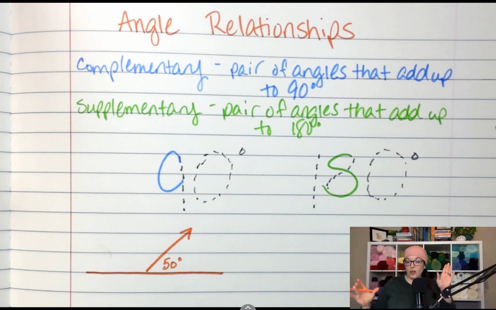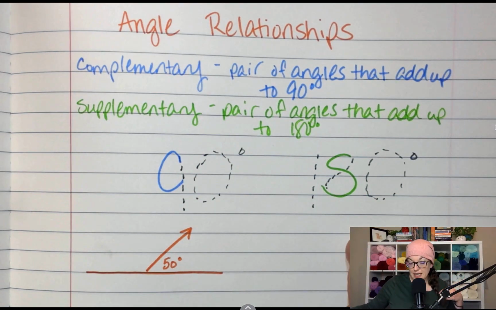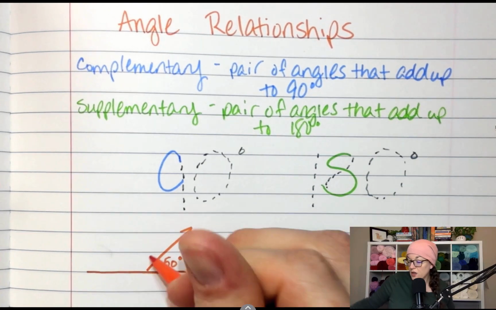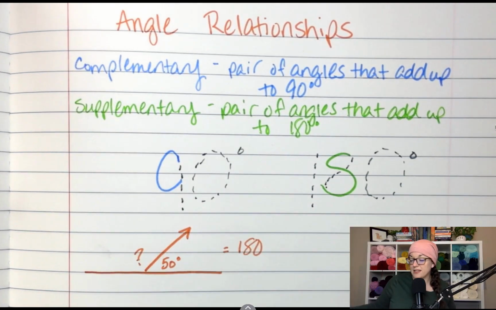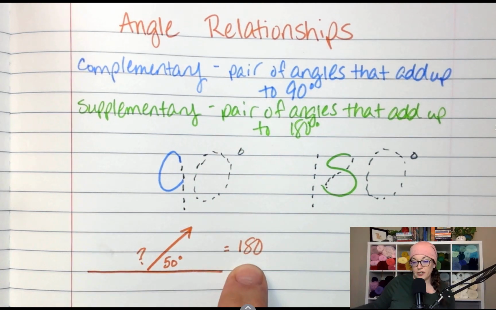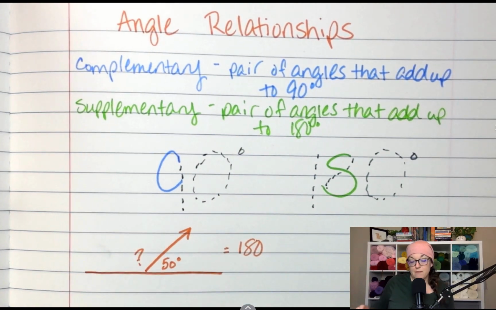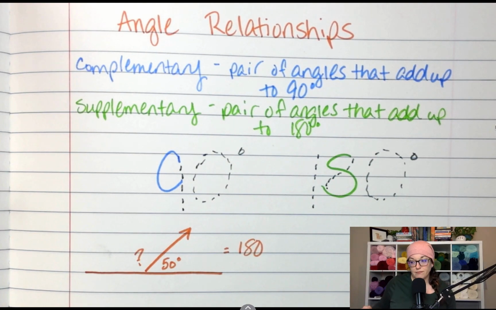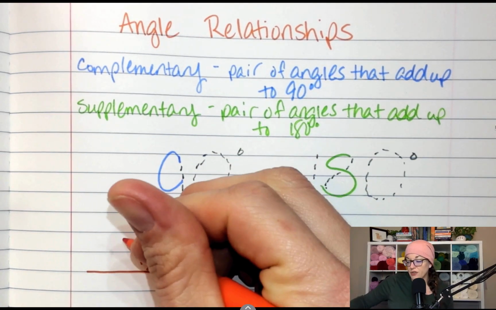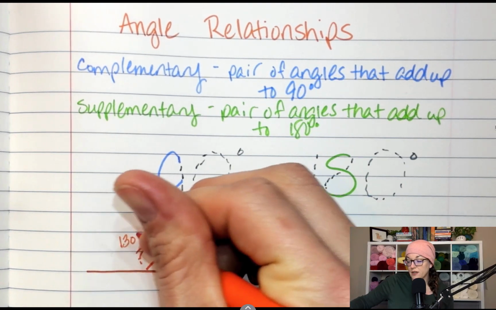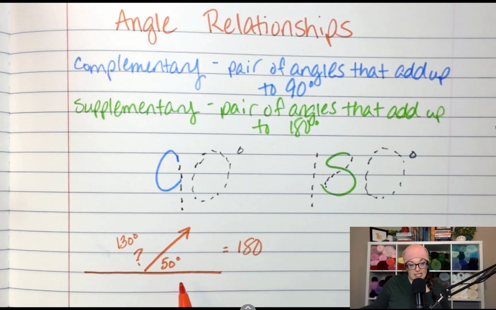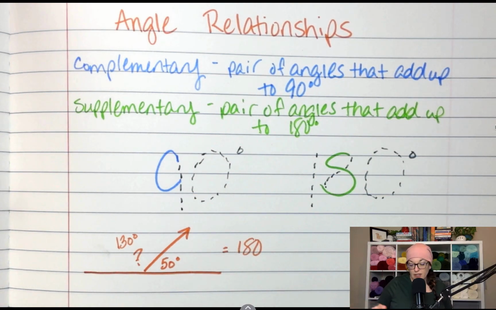These two angles are supplementary because this equals 180 degrees. What is the missing angle? If two angles add up to 180 and this piece is missing, how much is this piece? That missing piece is 130 degrees because 180 minus 50 is 130.